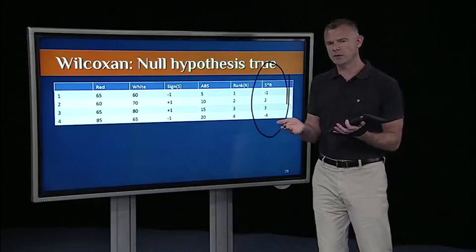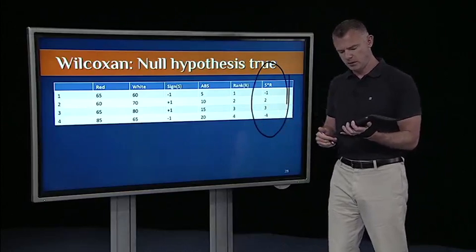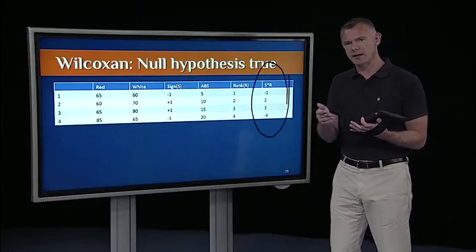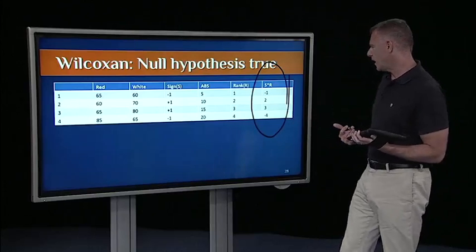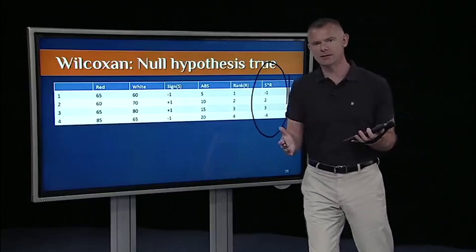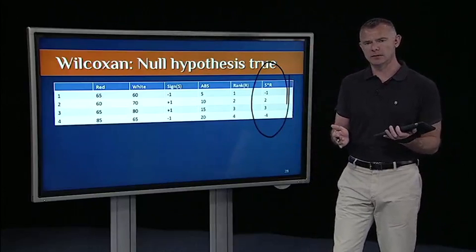And that's why it's sometimes called Wilcoxon's signed rank test, because we take the product of the sign and the rank, and then we add those up. And in this case, they add to exactly 0. That's what you would expect under the null hypothesis.